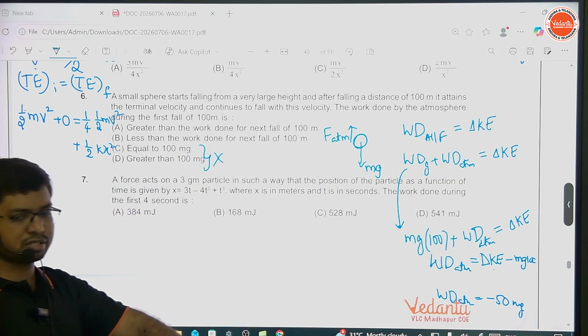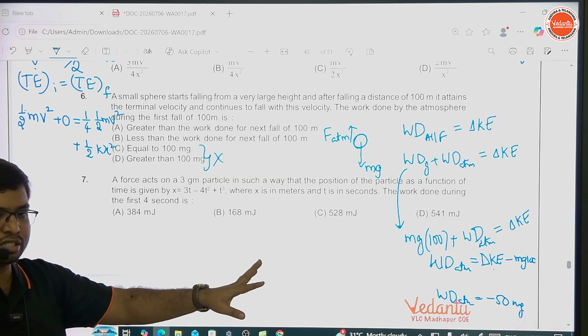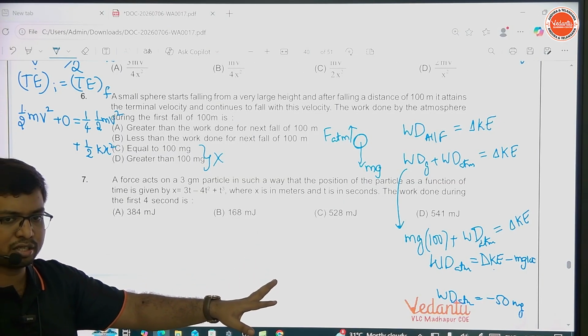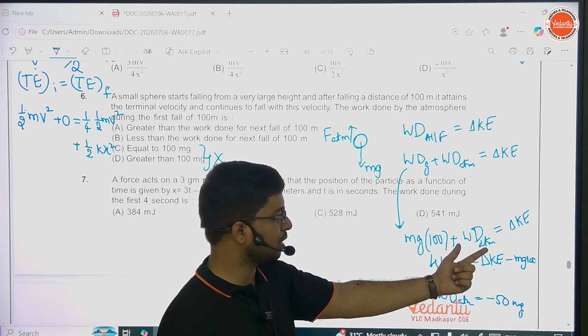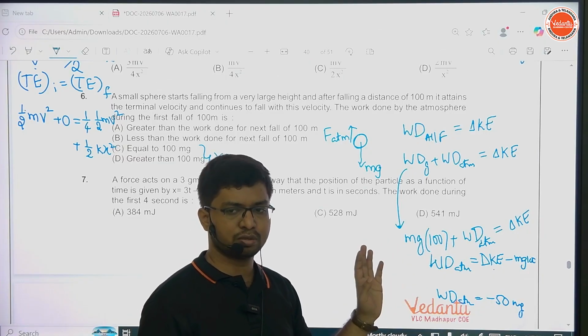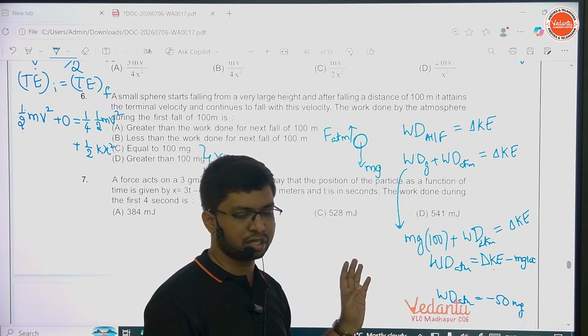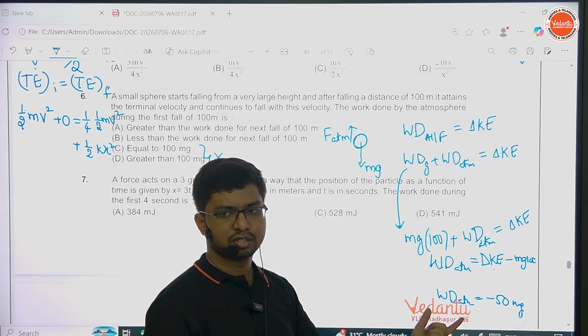And in the next case, when it has fallen for another 100 meters, there you don't have any change in kinetic energy. Clear? Then work done by the atmosphere as well as work done by the gravitational force, both will be equal in magnitude. Then in the next 100 meters, what will be the work done here?